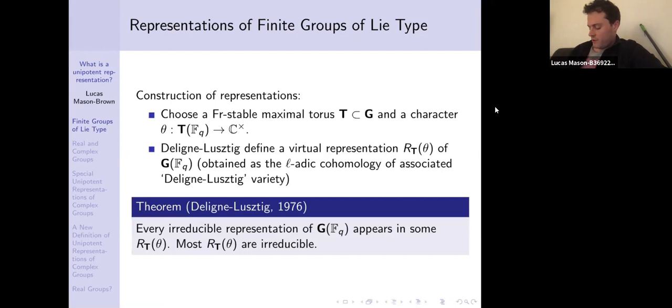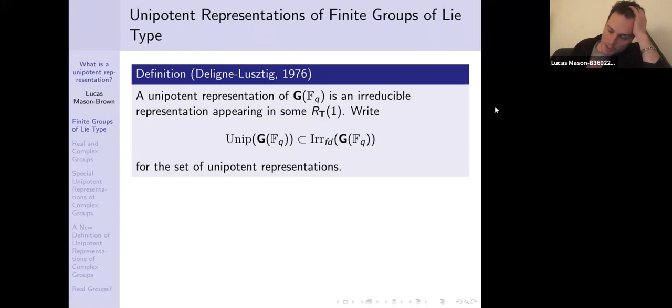One of their big theorems is that every irreducible representation of this finite group appears as a constituent in some R_T^theta. And furthermore, for generic choices of T and theta, this representation is irreducible. And in the same paper, they give a definition of a unipotent representation.